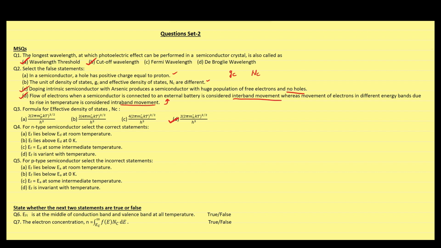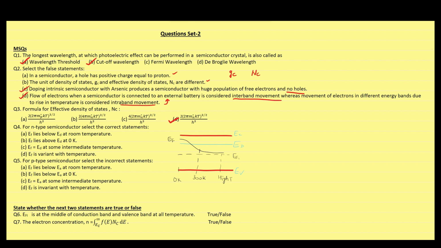For N-type semiconductor, select the correct statements. In earlier lecture, we actually have drawn the Fermi level diagram of N-type semiconductor at different temperature, which looks like this. This black line is representing the Fermi level of N-type semiconductor.